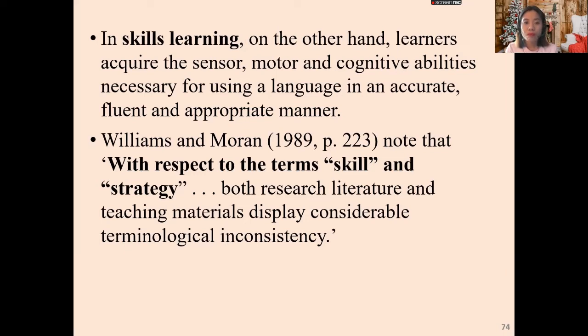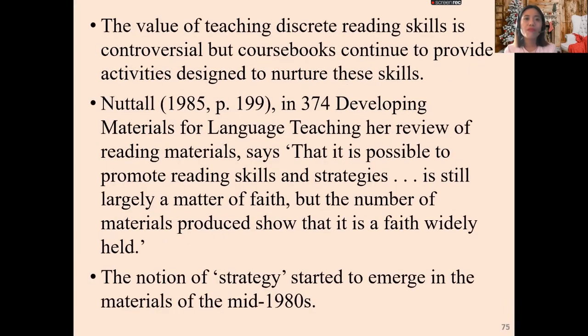Because the teaching materials contain the strategy for how we could develop our skill in reading. The value of teaching discrete reading skills is controversial, but remember, course books continue to provide activities designed to nurture these skills.